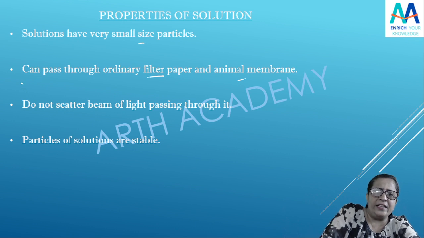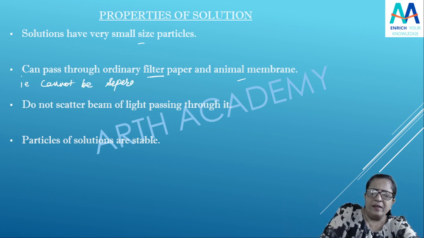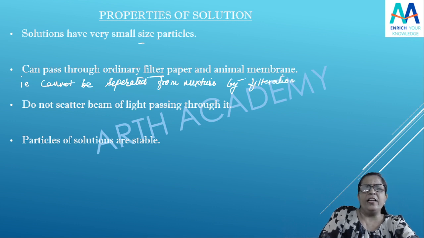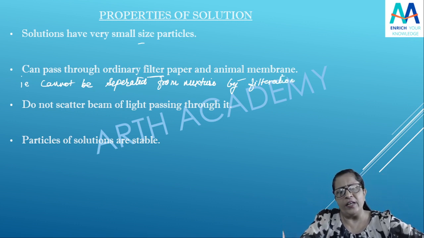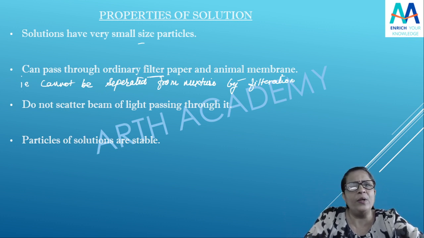So I can write here that they cannot be separated from the mixture by filtration also, क्योंकि वो तो पास हो जा रहा है ना. फिल्ट्रेशन के लिए हम क्या करेंगे? हम फिल्टर पेपर यूज करेंगे. Some membrane I will use, but if it is passing through that membrane, that means it will not be separated from this method. Got it?